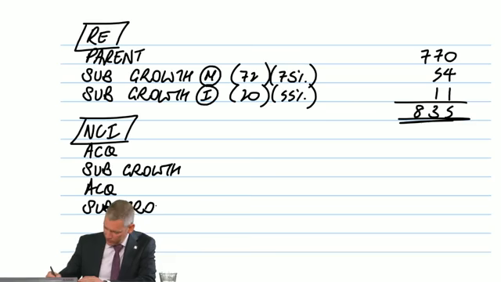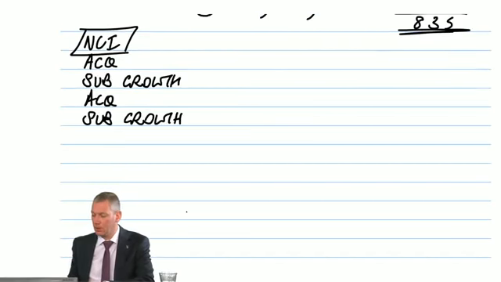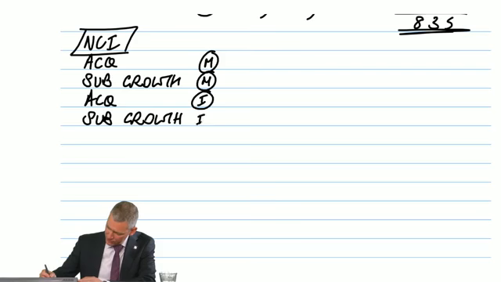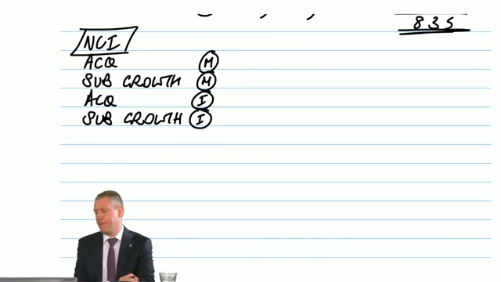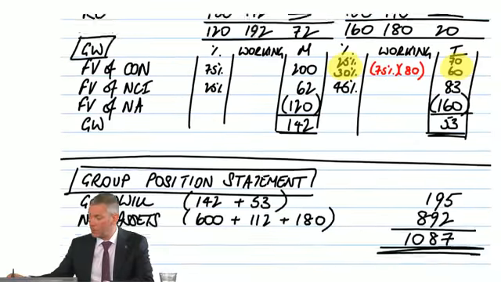There's the roll forward first. So acquisition subgrowth for M, and then acquisition subgrowth for I. Hopefully getting really familiar now the more we repeat this.